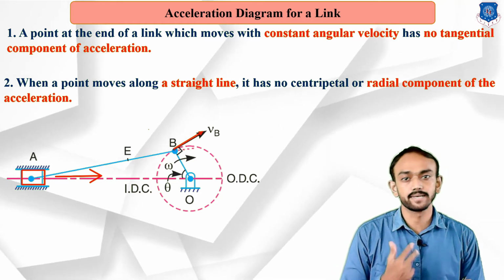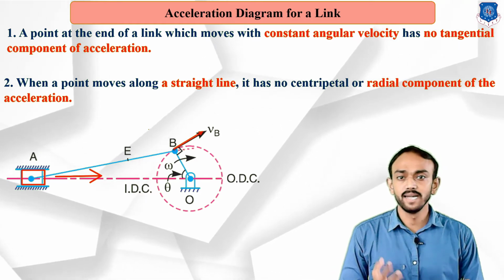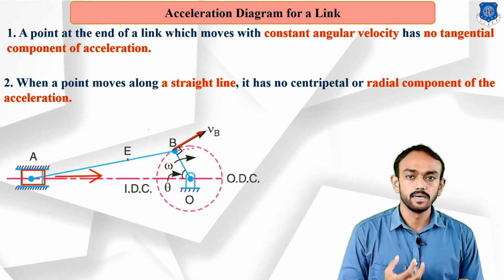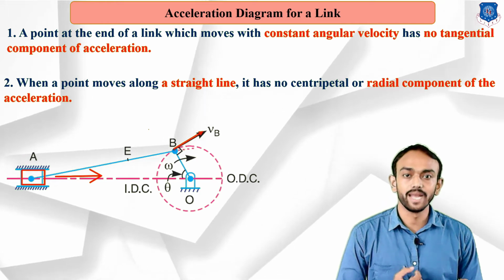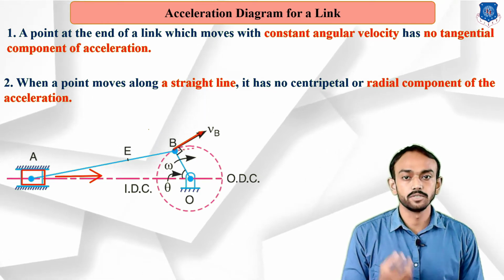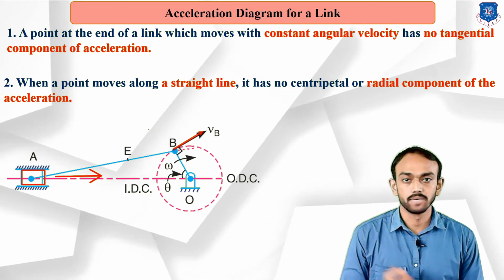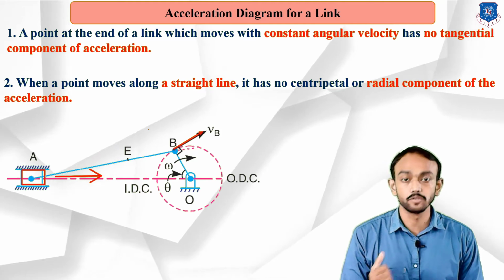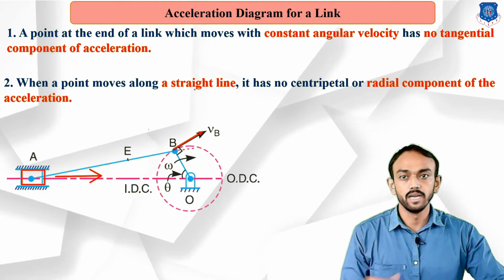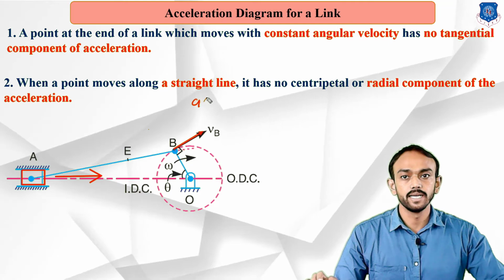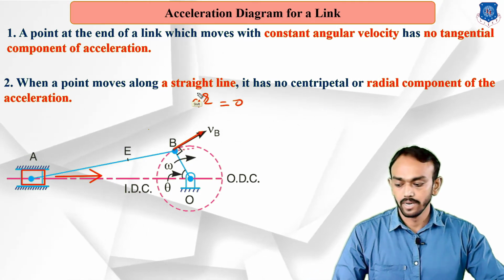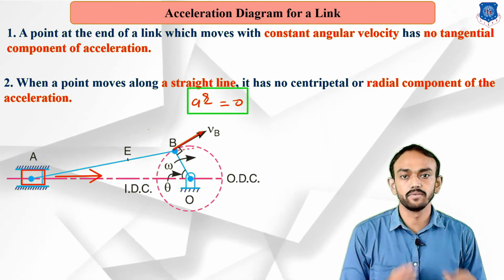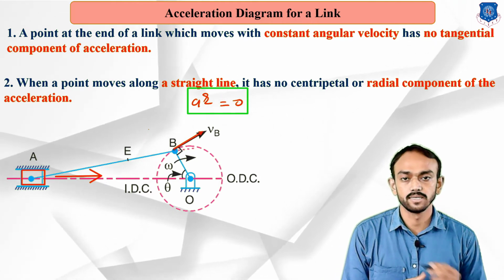As you know, acceleration has two components, one radial and the second tangential. The tangential component is the rate of change of magnitude, and the radial component is the rate of change of direction. But when the slider is sliding in the same direction, there will be no change in direction. So in all examples, the radial component will be 0. Remember this point always: for any slider we will take the radial component as 0.